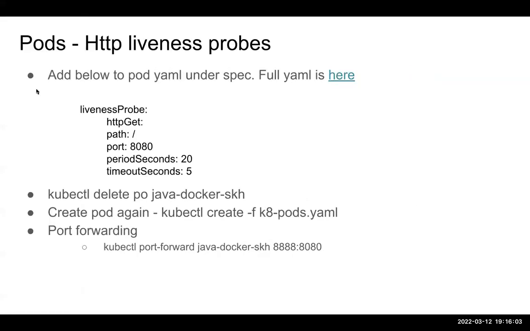And timeout is, if it checks at this port, at this path, which is the root path, and the application inside the container is not responding within 15 seconds, which is the timeoutSeconds here, then it is considered a failure, and it will tell that the application is not alive.